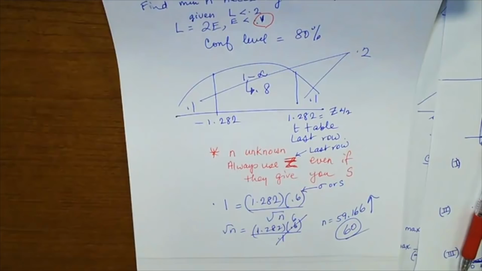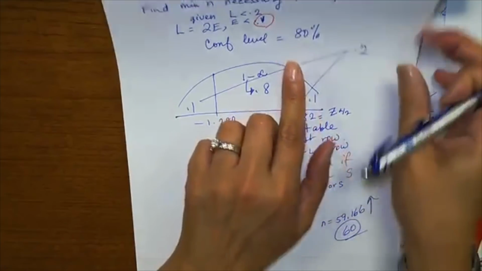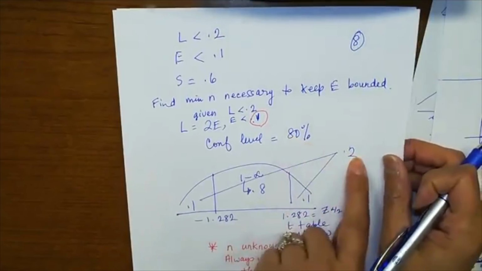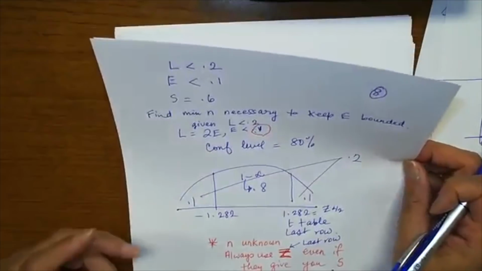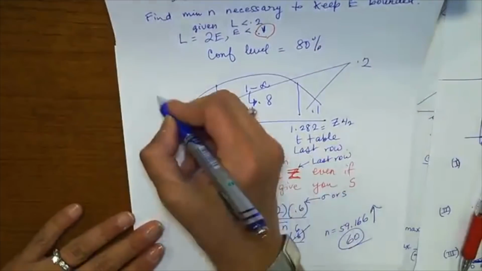So alpha is type 1 error, and alpha from the hypothesis test has to match the symmetric confidence interval level. They have to both add up to 100%. So they might give you this number, or they might tell you that alpha is 0.2. Either way, you're going to do the 80% CI for mu.